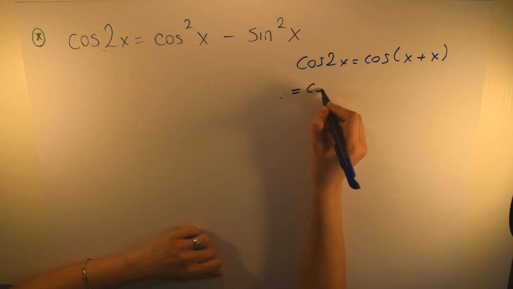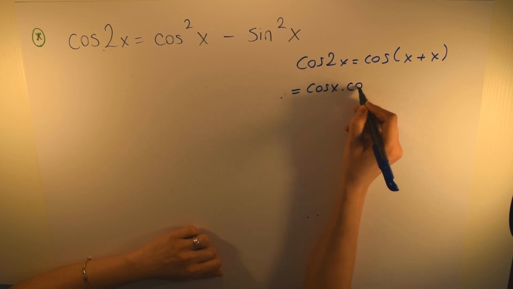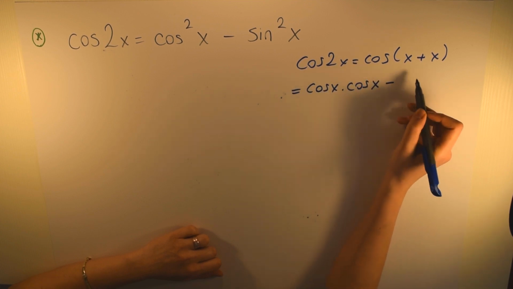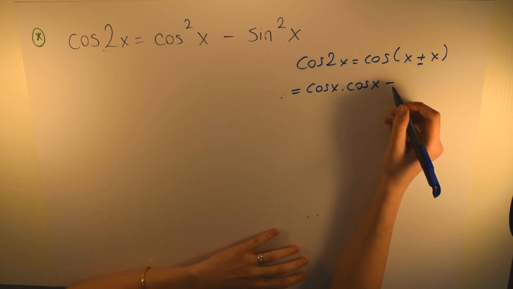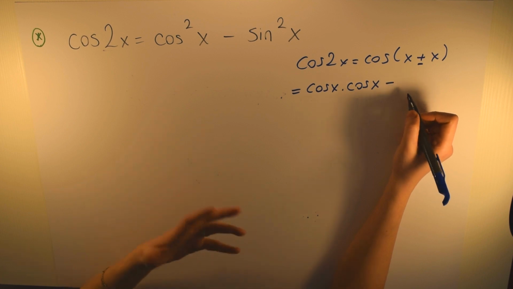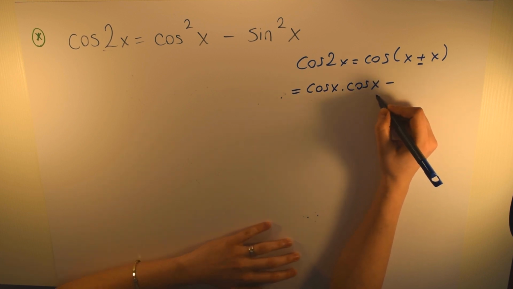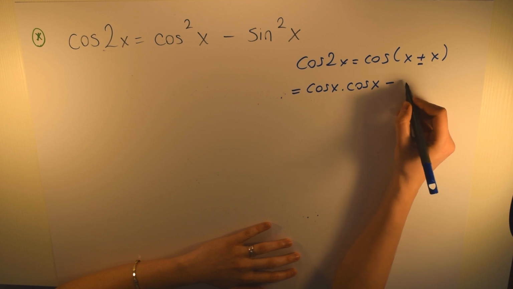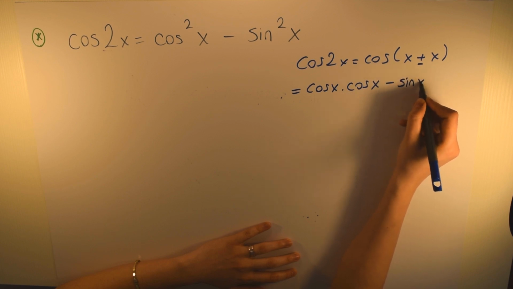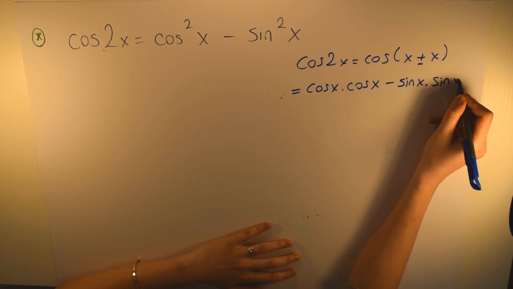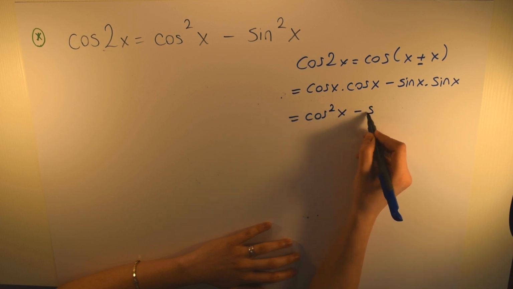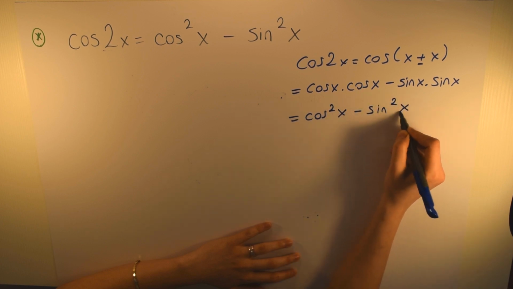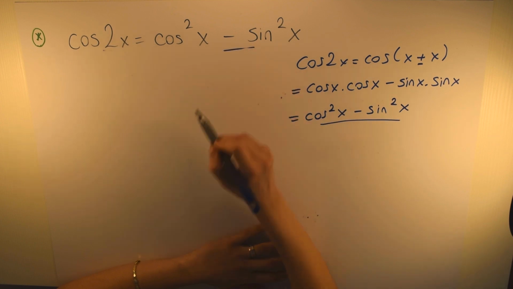So it will be cosine x times cosine x minus, because it has plus here, and when it comes to cosines it changes signs, right? These are all for you to remember the formulas. So cosine x times cosine x minus sine x times sine x, right? From here we will get cosine square x minus sine square x, you see? So we got the same formula.